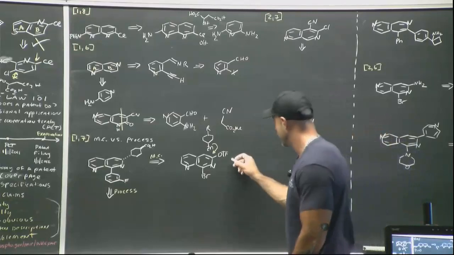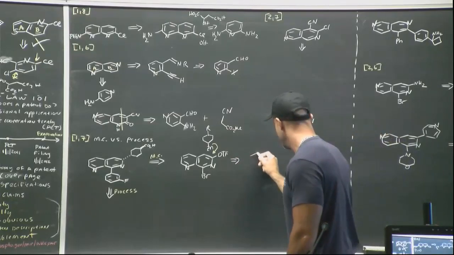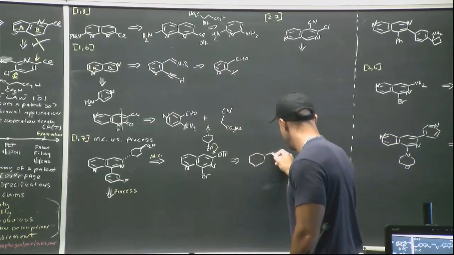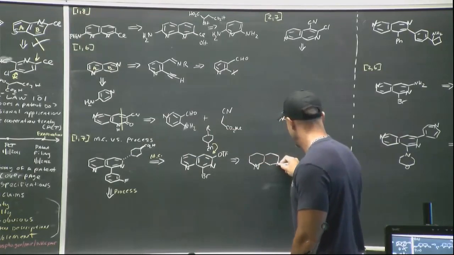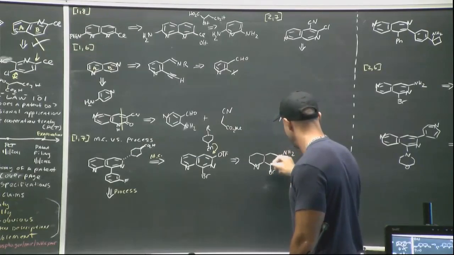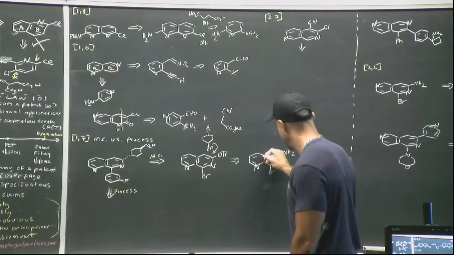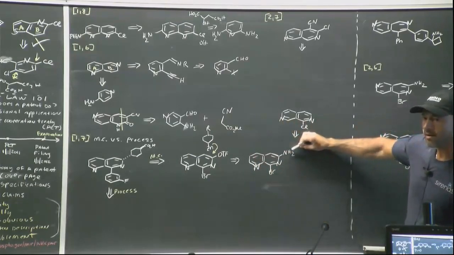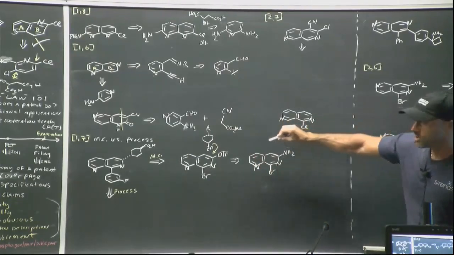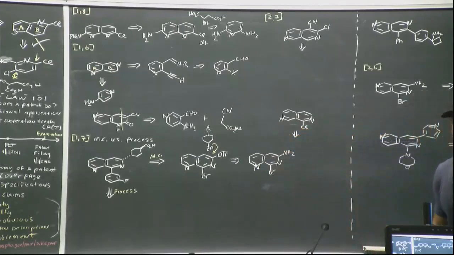Where does this thing come from? This disconnection is kind of important because we may see it 3 more times today. Comes from this. This is a really useful disconnection to remember. So they do a Sandmeyer to convert the NH2 to the O-triflate. Copper and sodium triflate will do that.